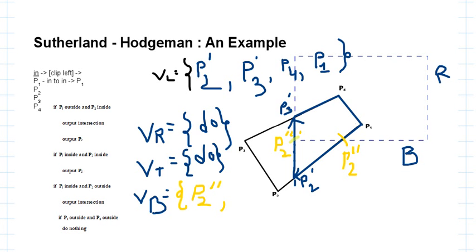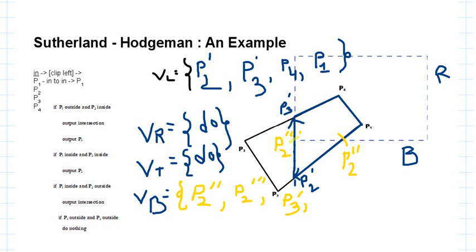So what will be the output? The output will be the intersection point and the end point. The intersection point is P2 triple dash and P3 dash.